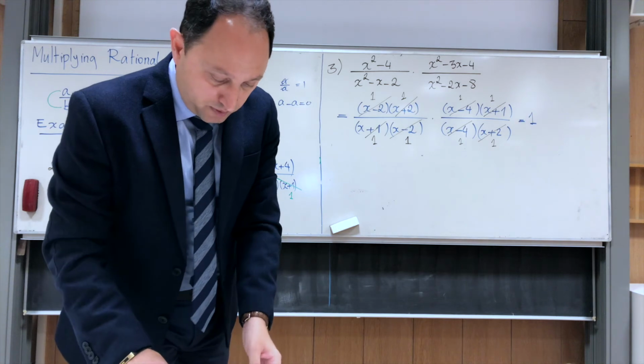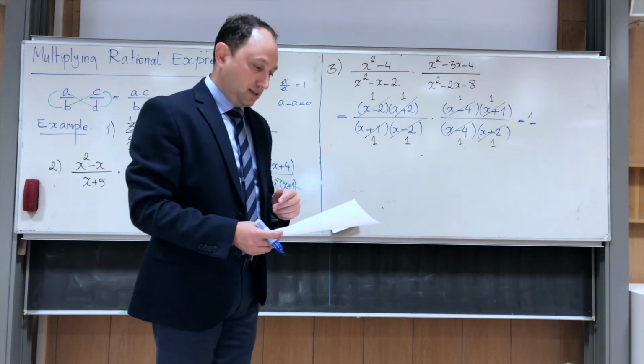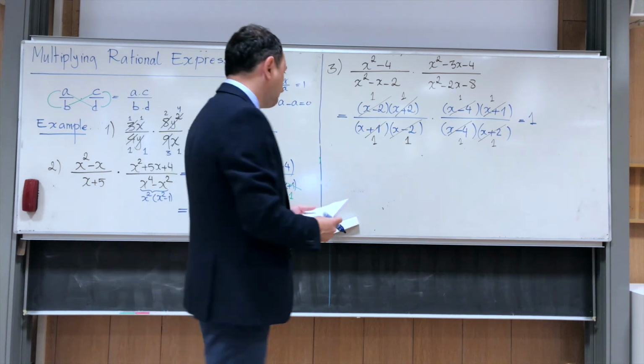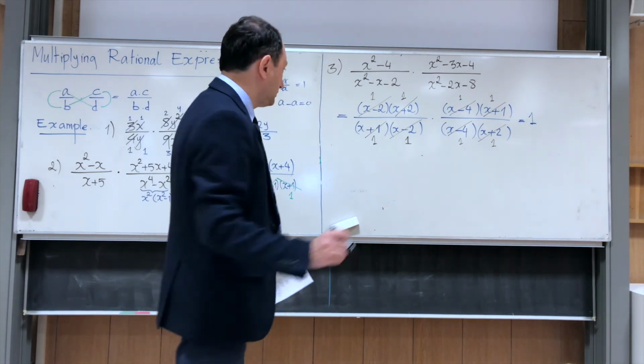And let me solve a little bit harder problem, and then we go to division, and this would be the end of the lesson today. Okay, so number 4, let me write this here for you.